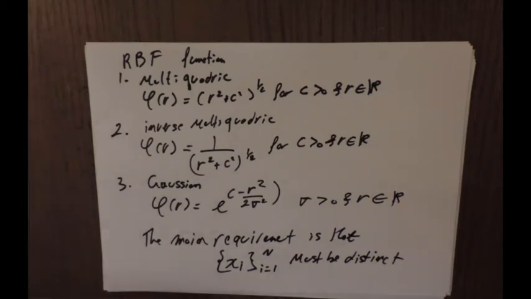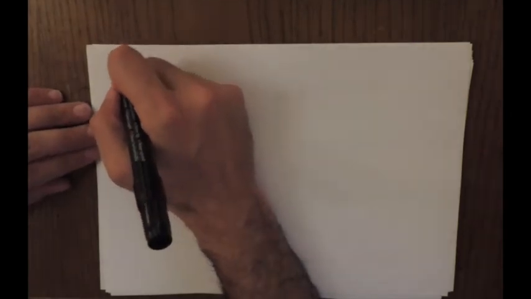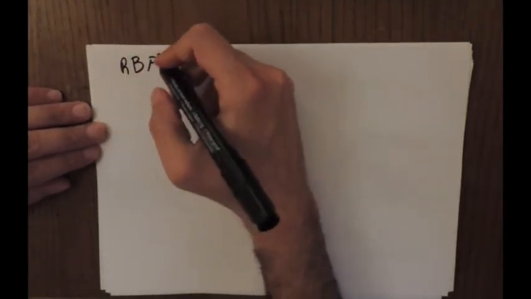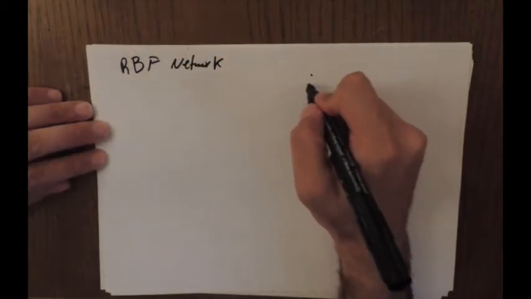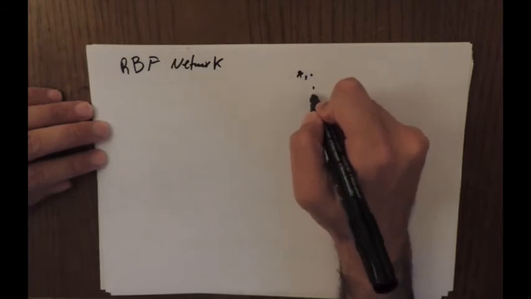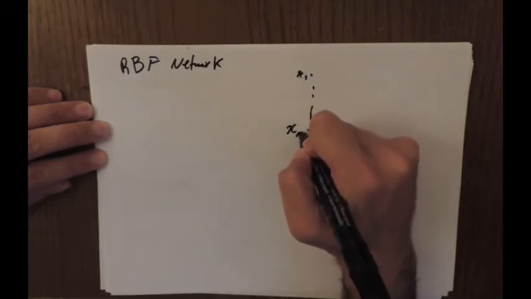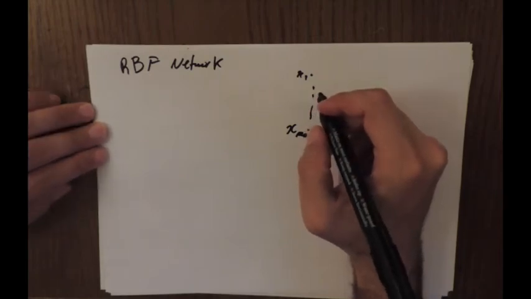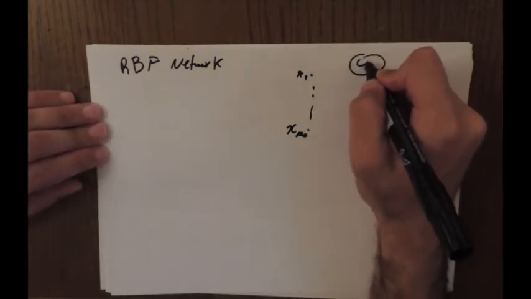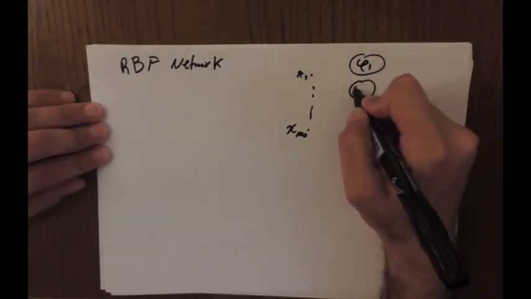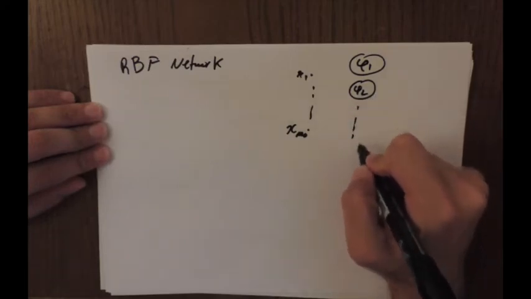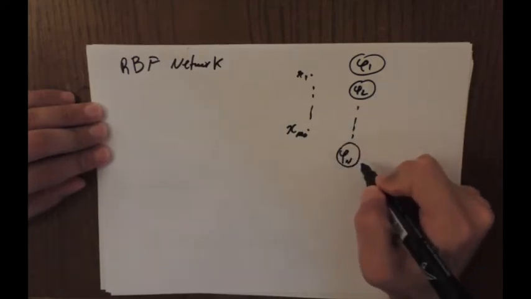So now if you want to look at the formulation, we have the following. Here we have x1 to xm0, since we have m0 inputs, and then this is the first neuron in the hidden layer, phi 2 all the way to phi n.